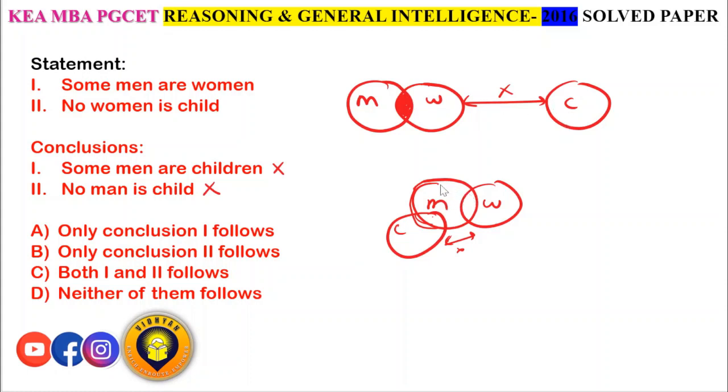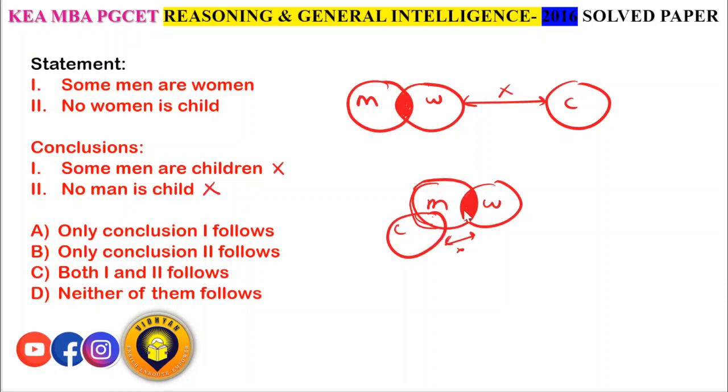Similarly here, even in this diagram, see this portion is both men and women, right? Therefore this portion will never come inside the child circle. Got it? Therefore some portion of men will never be child. So some men are not child, if it is given as the conclusion, then it would be true.